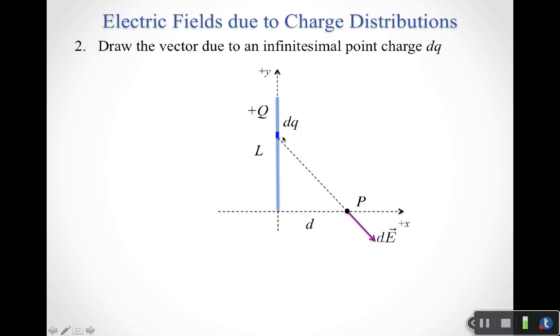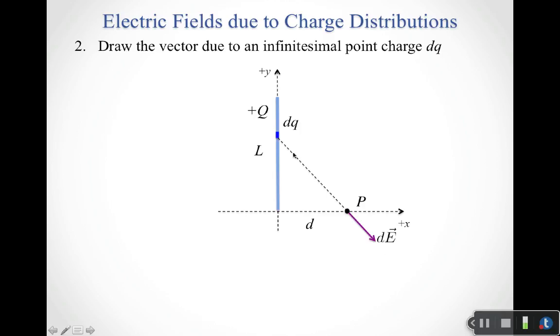The first thing I'm going to do is pick some tiny little charge element dq, and I'm going to draw in the contribution to the electric field at point P due to this little charge element dq.